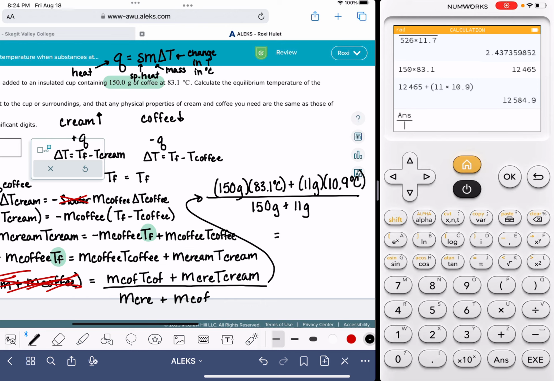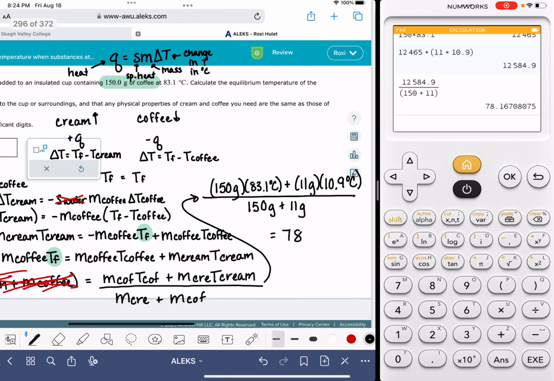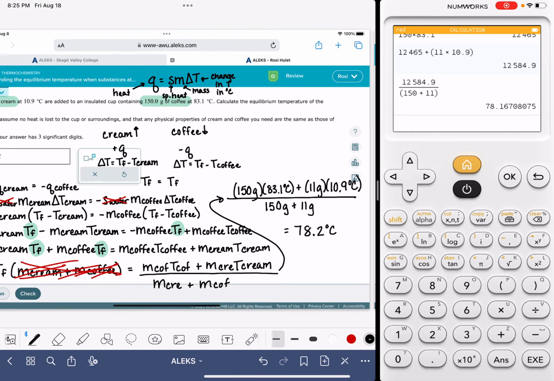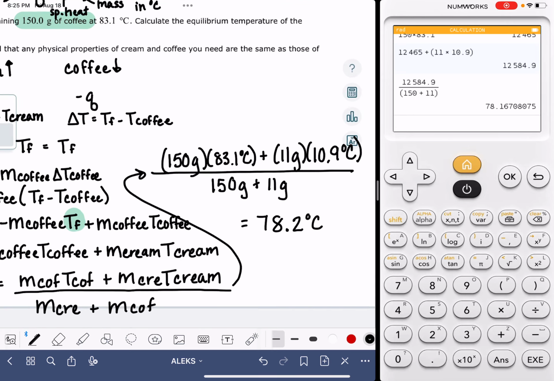And then we're going to divide that by 150 plus 11. And that gives me a final temperature of, to three significant figures, 78.2 degrees Celsius. ALEKS does want this in degrees C, so that works out pretty well.